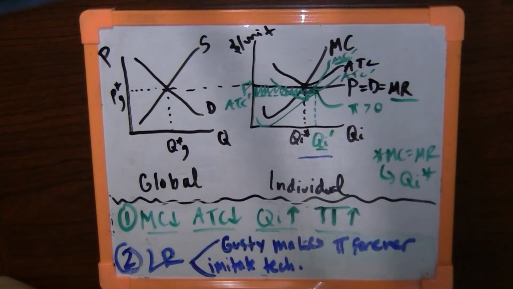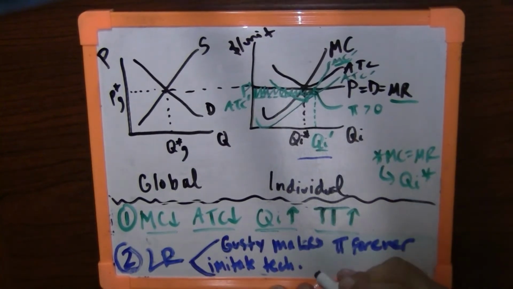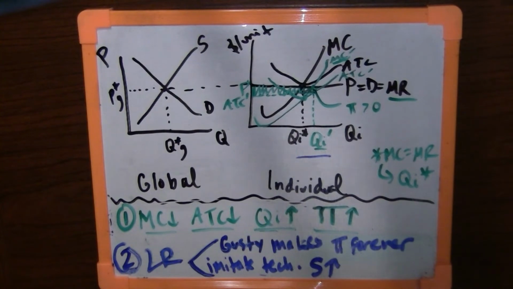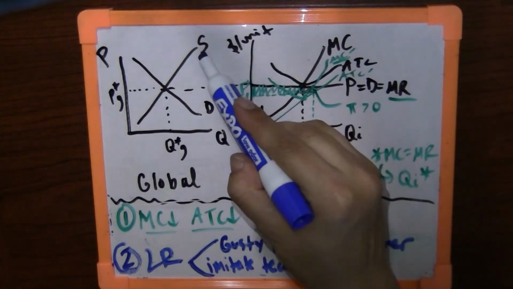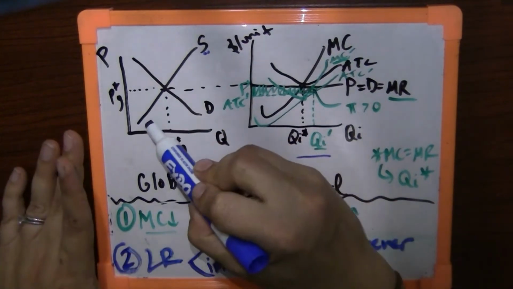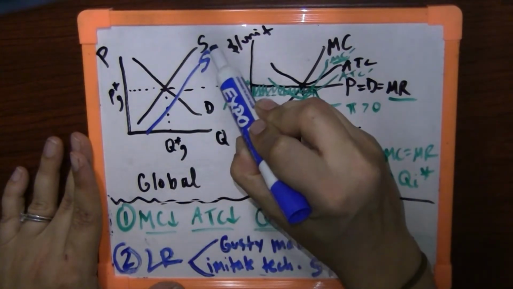If other people start imitating him, that will really change things. That means everyone's costs go down. And when everyone's costs go down, supply goes up, right? One of the determinants of supply since chapter 3 has been the cost of inputs, the cost of production. If everyone learns the new technology, that's equivalent to supply increasing.